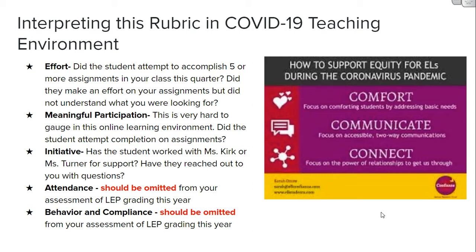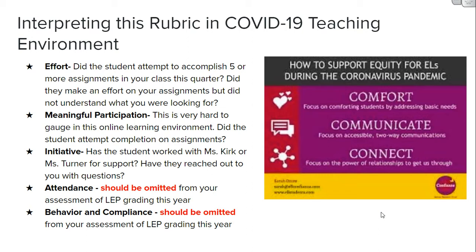Have they reached out to you with questions, either on Google Classroom or on email? Now, if they haven't, that doesn't necessarily mean they don't care about their grades. It means that they don't know how to talk to you as a teacher, what medium to use, and they're also nervous about the language barrier.